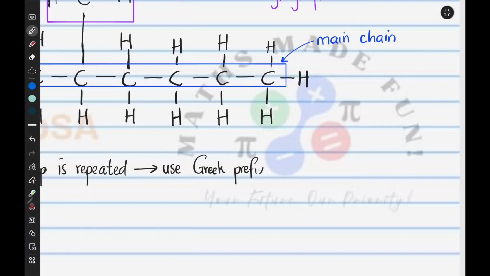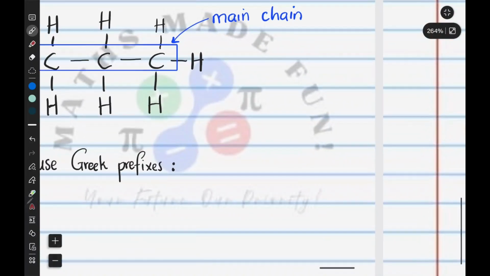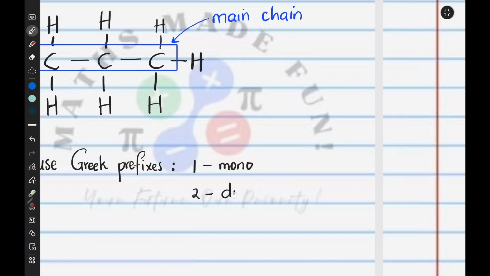Of course, it sounds weird to say it's repeated and then there's only one of it and then we say mono. It doesn't necessarily work like that. So we would typically use di, tri, and tetra. All right, so we would have one. Remember, this is just a reminder that one means mono. Two, we use di, right?